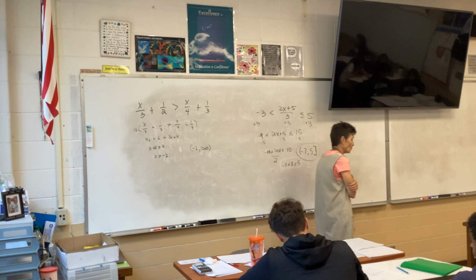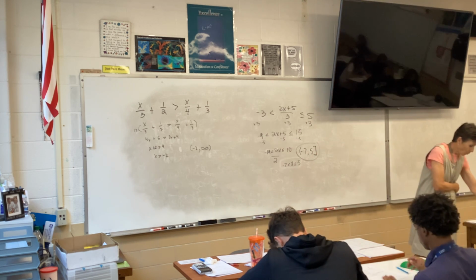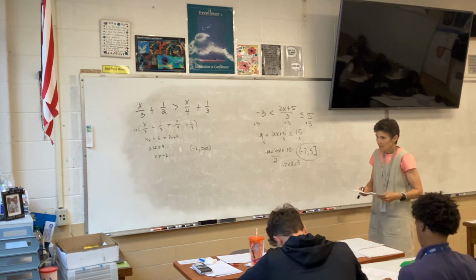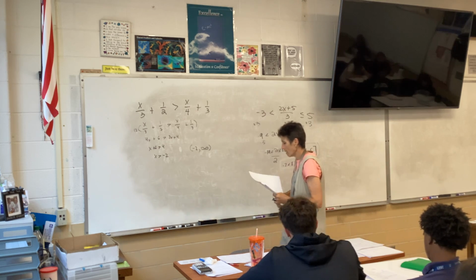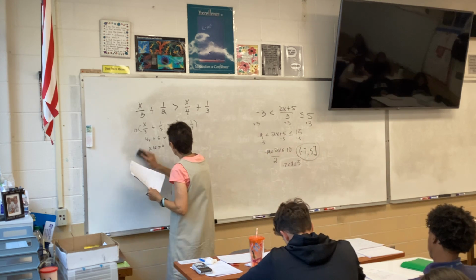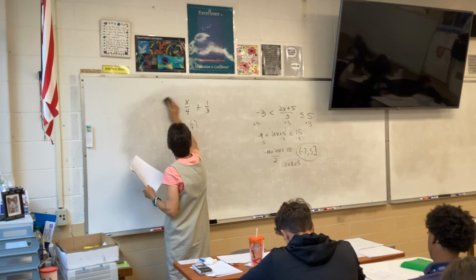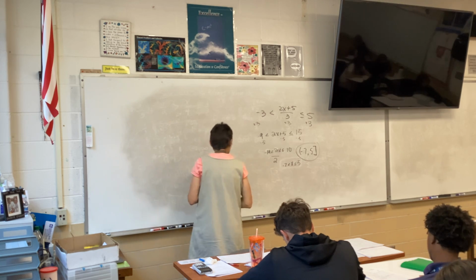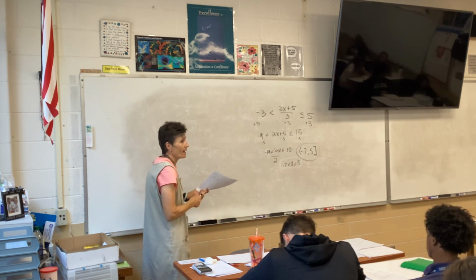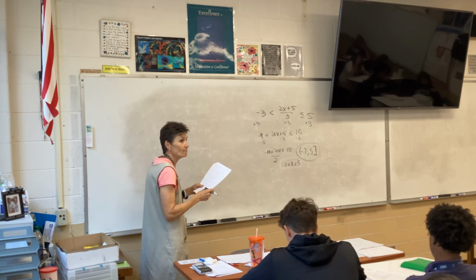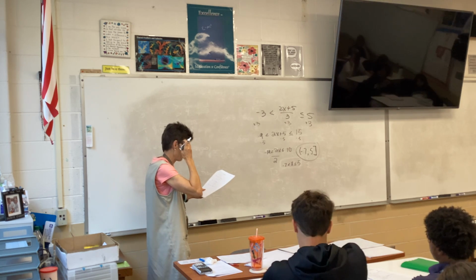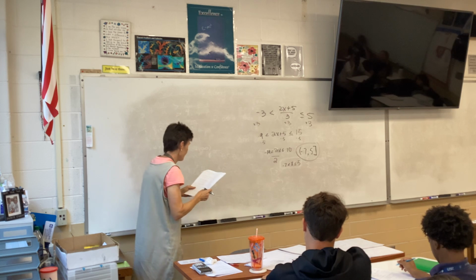Look at the next one, you guys. What about problem E? It looks a lot like Marin's problem, but what? There's too many X's, right? Was C X is greater than negative 2.